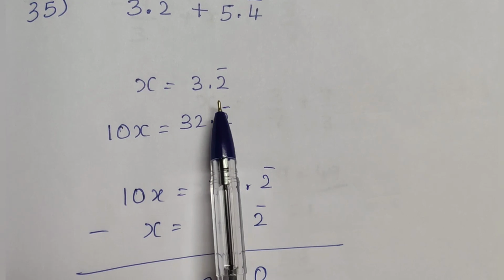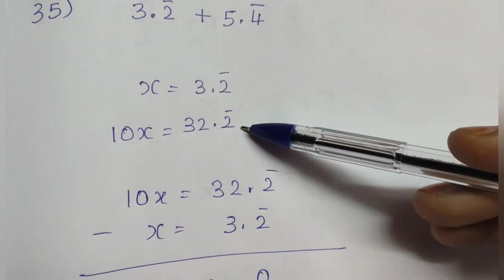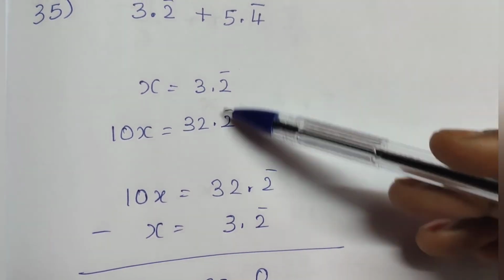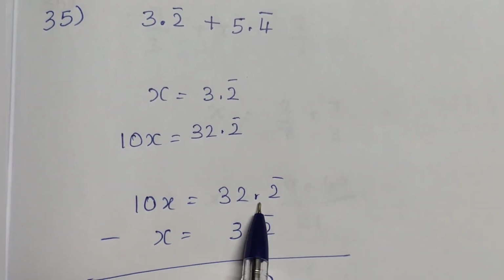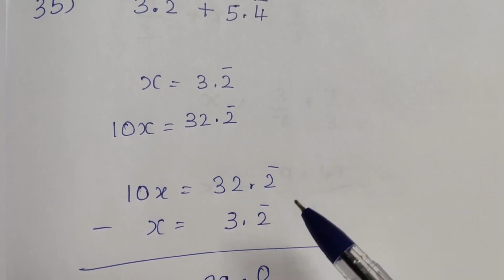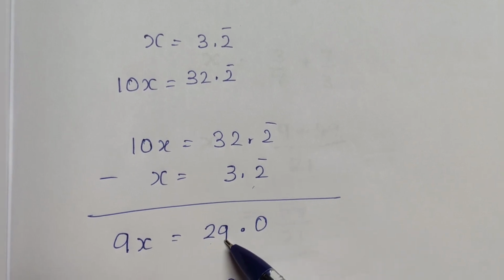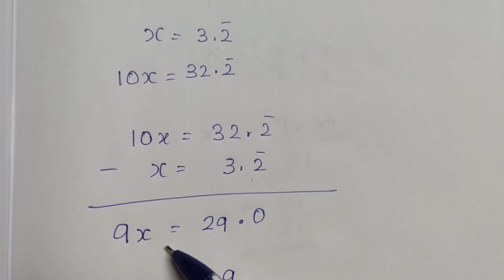So 3.2 recurring into 10 is equal to 32.2 recurring. I get two equations and I find the difference of these two equations. 10x is equal to 32.2 recurring minus x is equal to 3.2 recurring. This recurring part gets cancelled and 32 minus 3 is 29. 10x minus x is 9x.